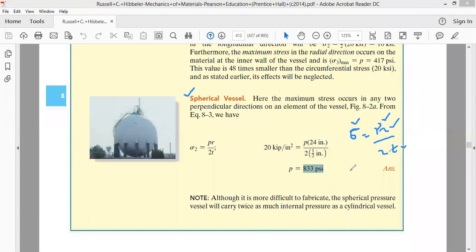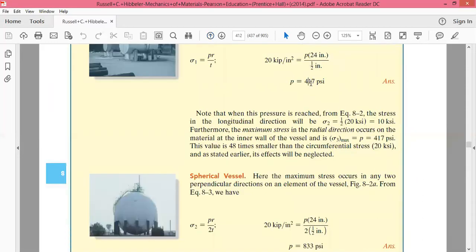The value of p will be 2 times the value we obtained for the cylindrical pressure vessel. The cylindrical pressure vessel under these conditions can withstand 417 psi, but the spherical pressure vessel will withstand 833 psi, pound per square inch.